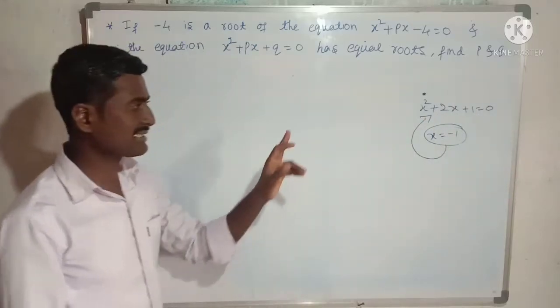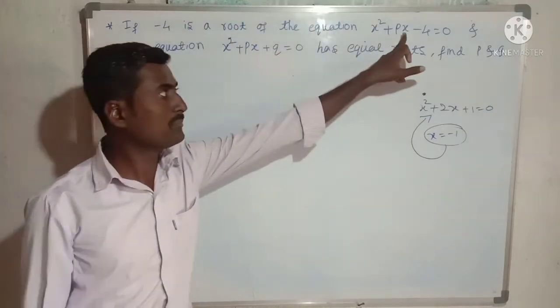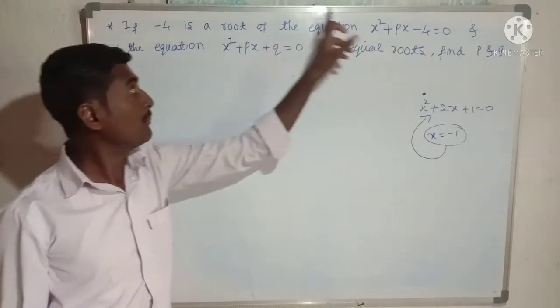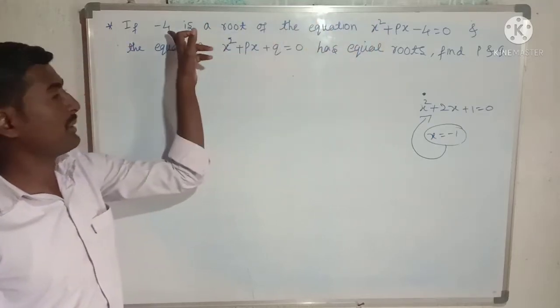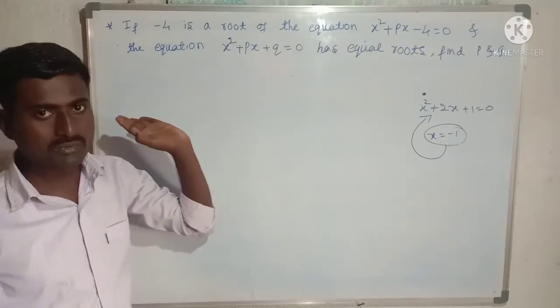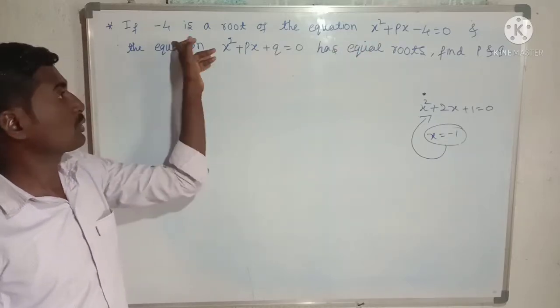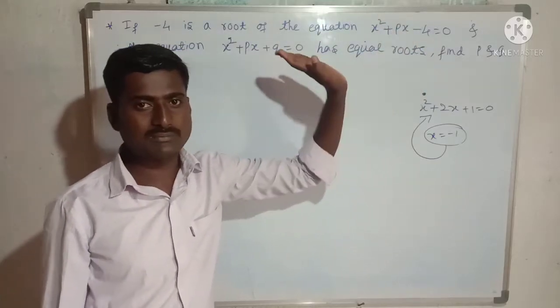Now similarly, the same concept I will use here. Minus 4 is the root of this equation. It means x equal to minus 4 you are getting. After solving this equation, you get x equal to minus 4. Now I can substitute x equal to minus 4 here, so I must get LHS equal to RHS.